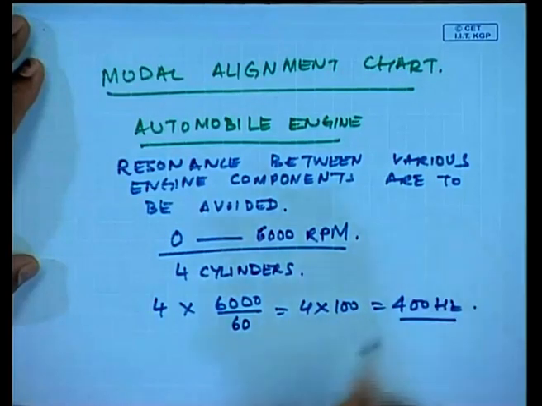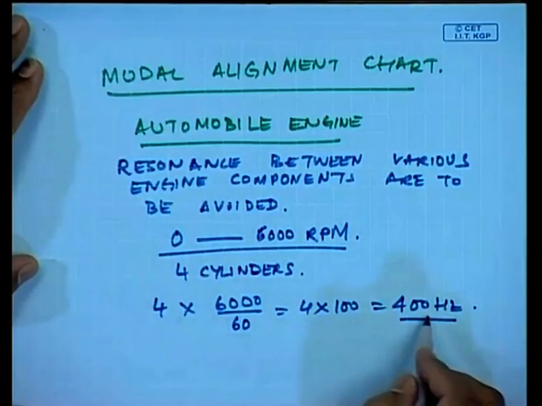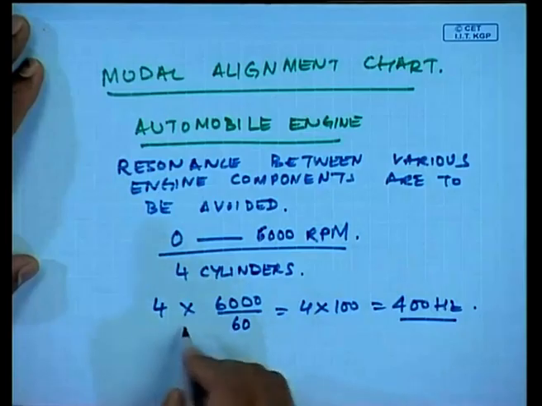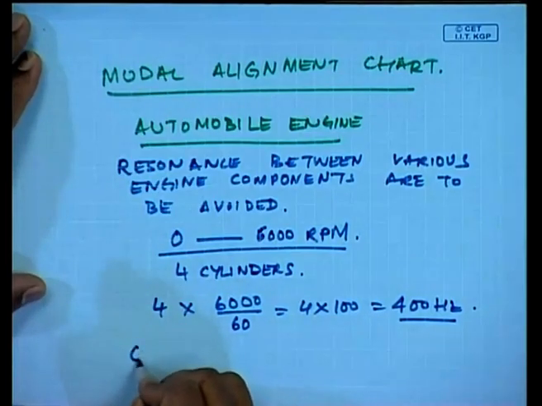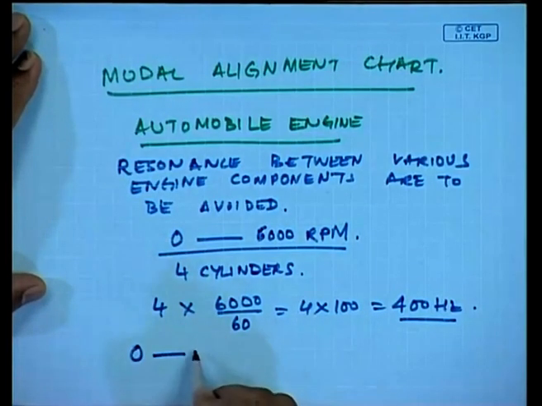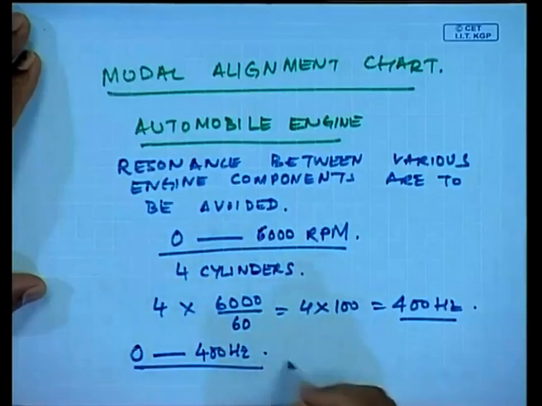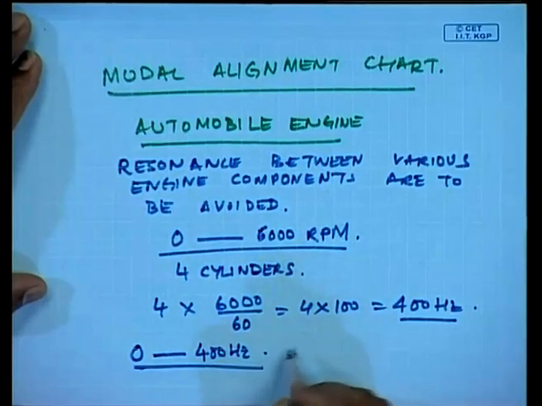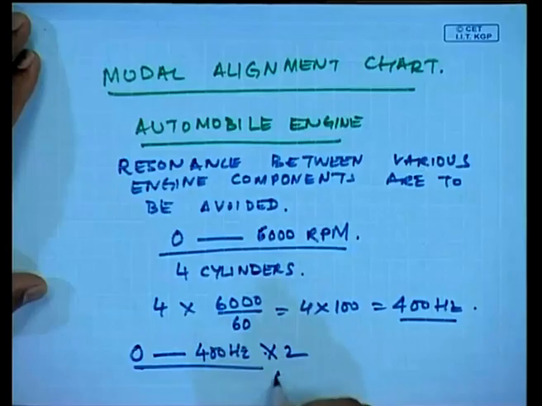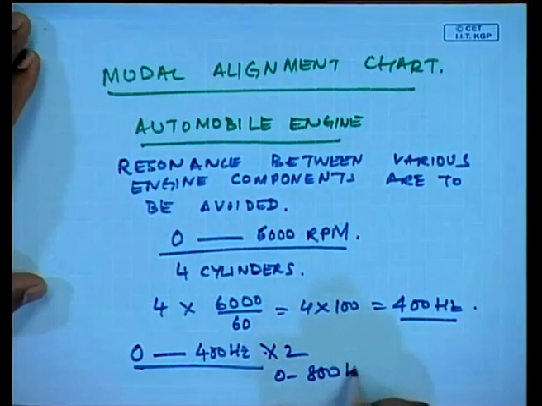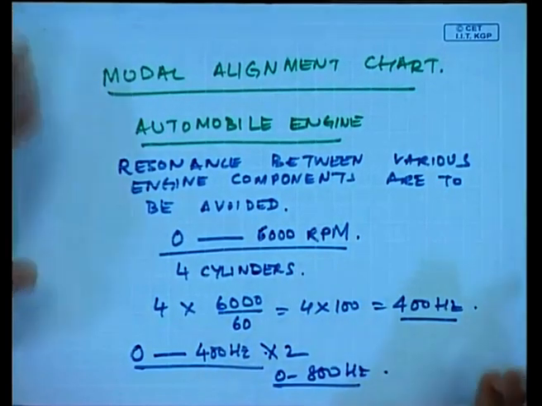This is the maximum operating speed. So, we should not have any resonating components in this band, or maybe just to be on the safer side, maybe twice of this. So, 0 to 800 hertz.